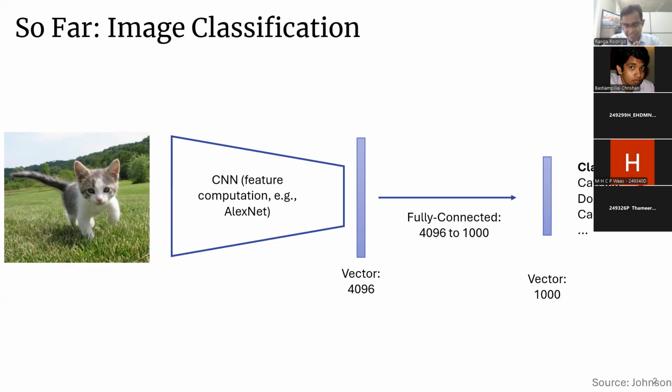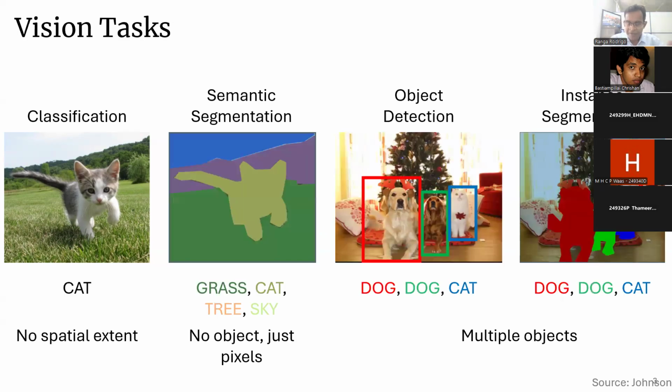Now, this assigns a label per class. But when you think about other vision tasks, this one is image classification. There is no spatial extent to the label that we give. It extends the full image, one label per class. Then we have the so-called semantic segmentation.